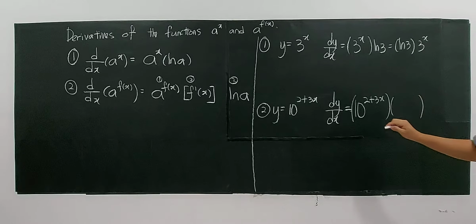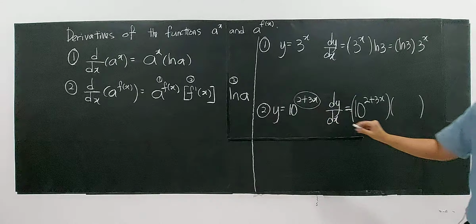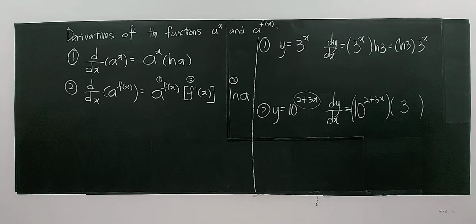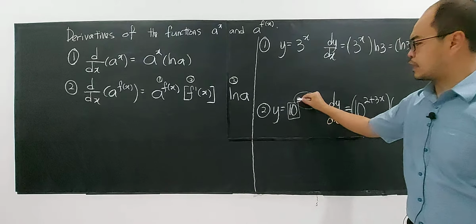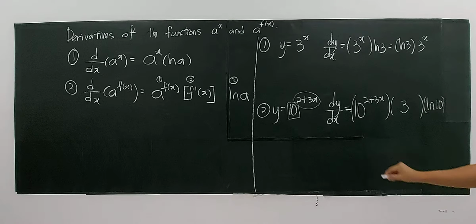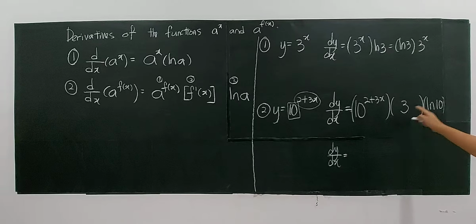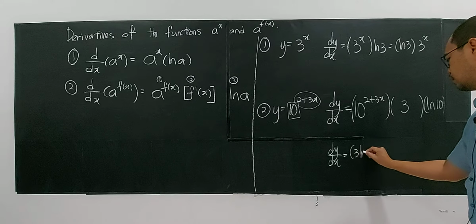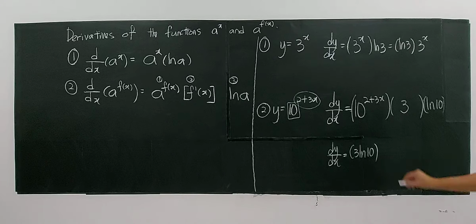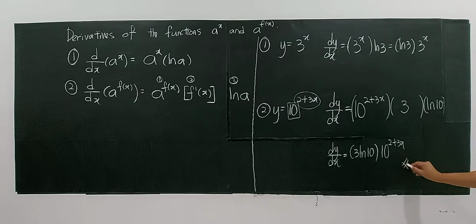Second step, differentiate the power: differentiating 2 gives 0, and differentiating 3x you have 3. Third step is to look at the number here, 10, so we put ln 10. If I rearrange this whole thing, dy/dx will be 3 ln 10, which is a constant, times 10 to the power of 2 plus 3x. So this is the answer for these two questions.